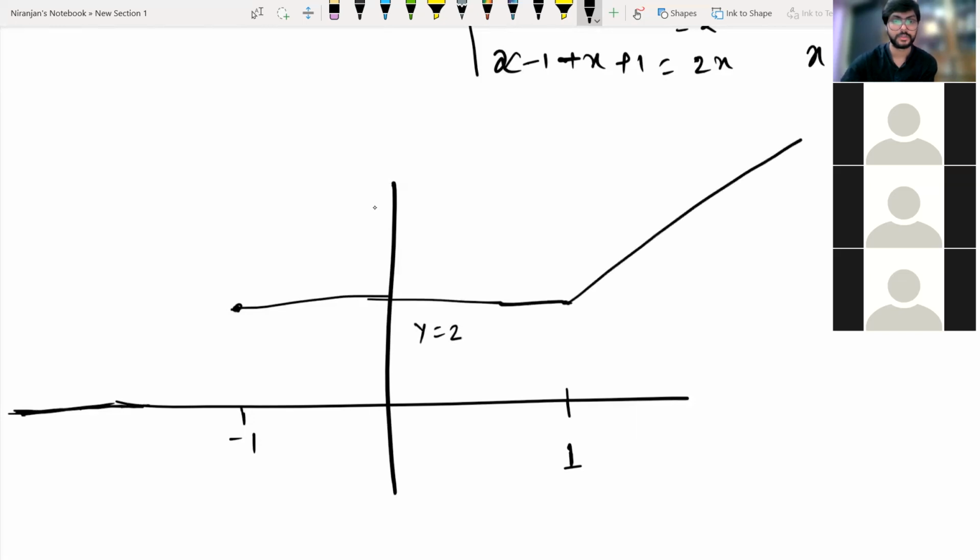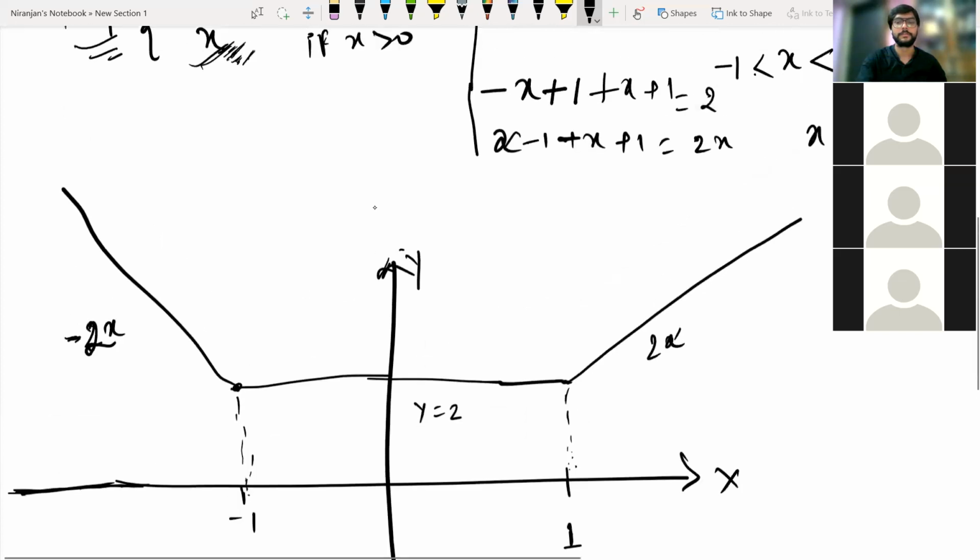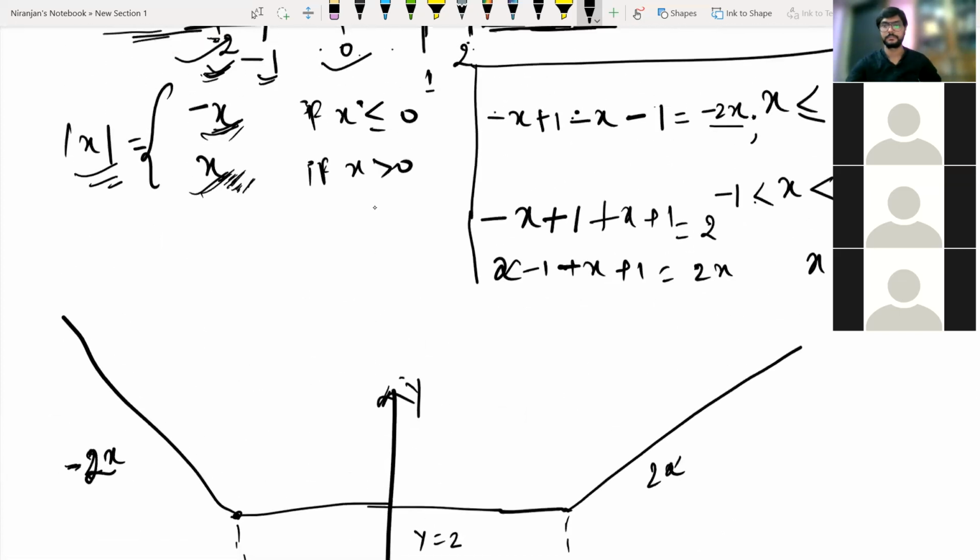Then your graph is going to look like this. Yeah, this would be more straight, so don't bother me regarding that. This is going to be 2x. This certainly has negative slope, that you can see, minus 2x, and this is 2. This is y-axis and this is x-axis. How did I draw the graph? Simple, using this.